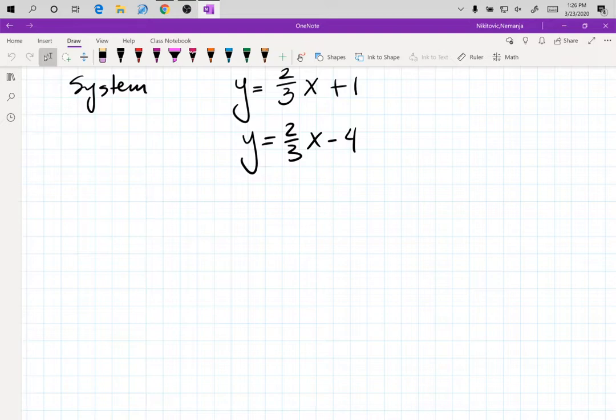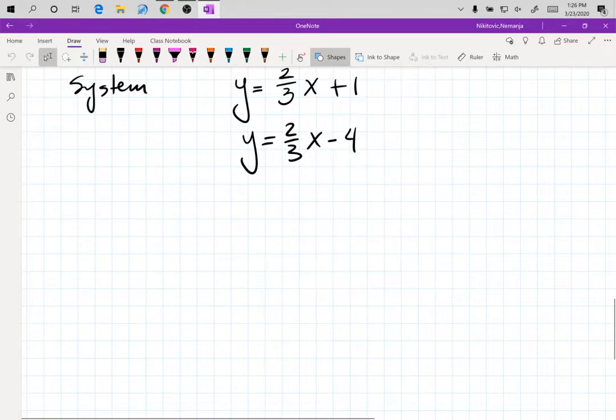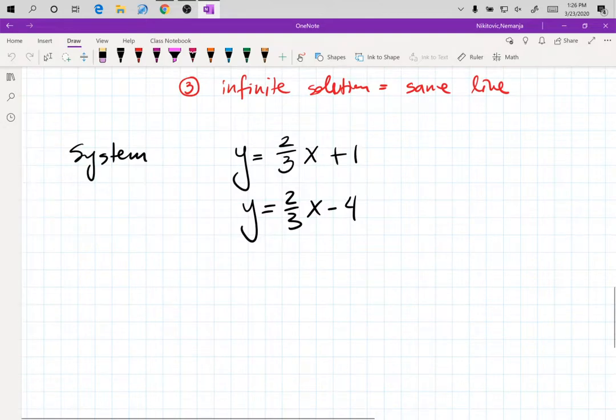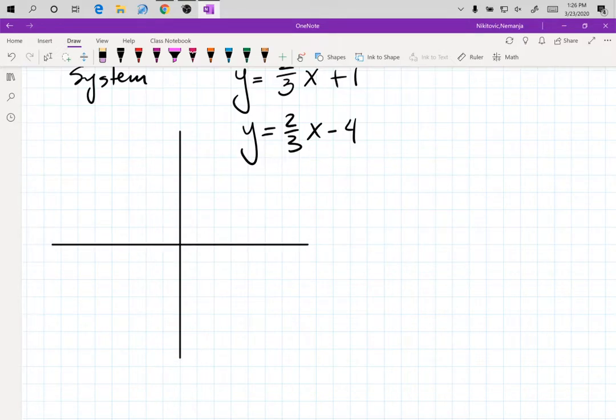But we can also graph it and show this case. So let's go and graph this real quick. So we're going to put a system right here.